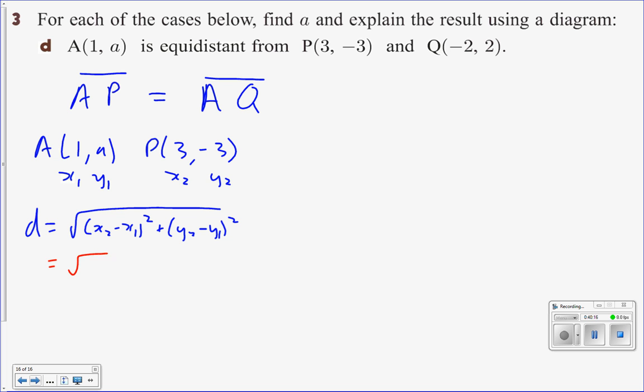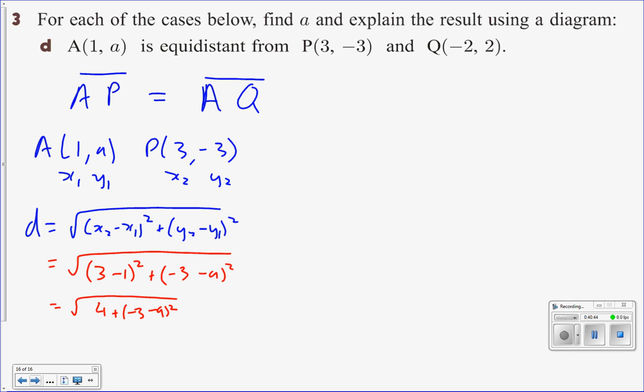So that equals square root x2, which is 3, take 1 all squared, plus y2, which is negative 3, take a all squared. And the final step we can do there is square root. 3 take 1 is going to be 2, 2 squared is 4, plus negative 3 take a squared.